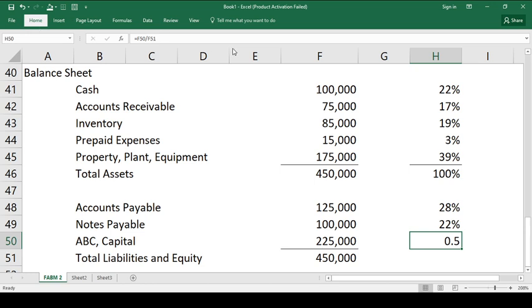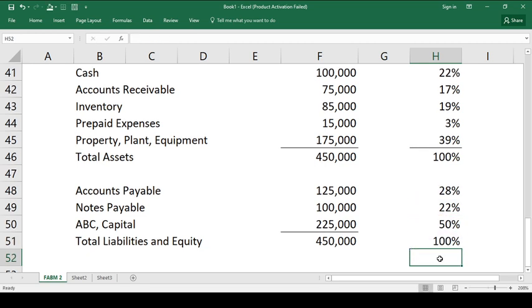Ano po ba interpretation natin dito? In this case, sa liability na part at equity na part. Pwede po natin sabihin, by the way, pag i-add ko po yung tatlo, that it will equal to 100%.